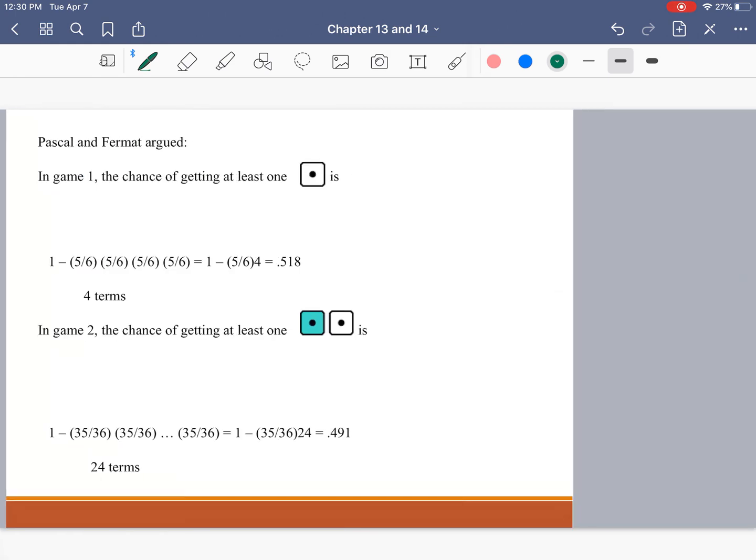They said, look, you did this wrong. Let's show us how it's supposed to be done. So in game 1, you want at least one 1. Well, we said the probability of at least one is equal to 1 minus the probability of none.